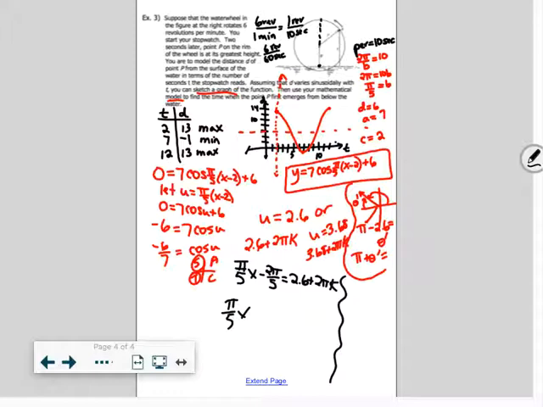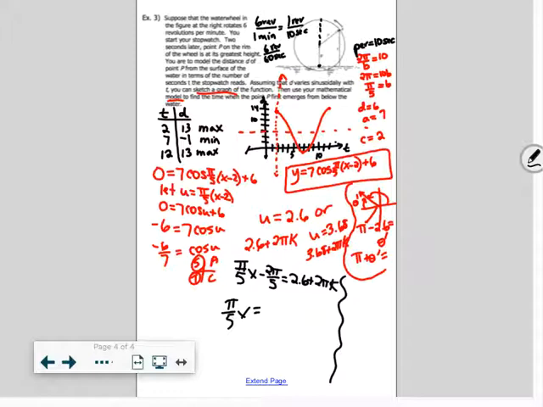Let me grab my calculator too. So I'm going to go ahead and do this in decimals, okay? And you're only adding like terms.